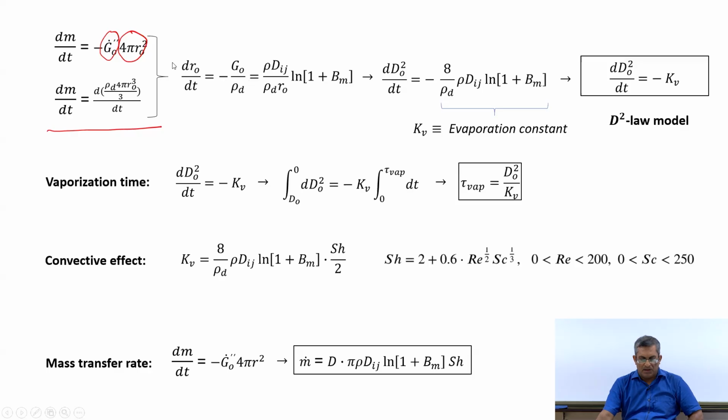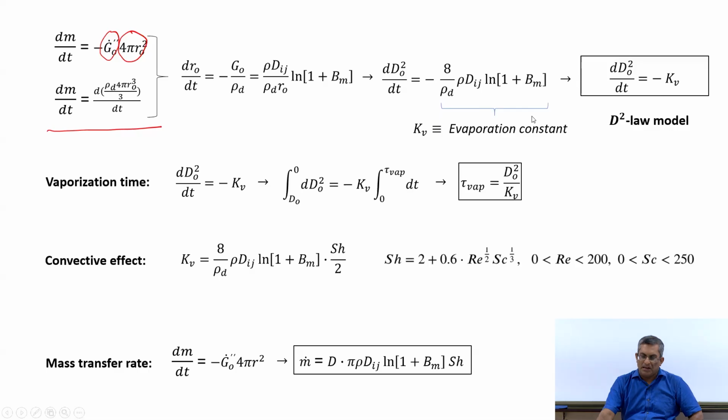And then we can easily show that from here the rate of change of square of particle size is equal to this, which is a constant actually. And that is how we write that the d square by dt is equal to minus this constant kV, and this is what is d square law.